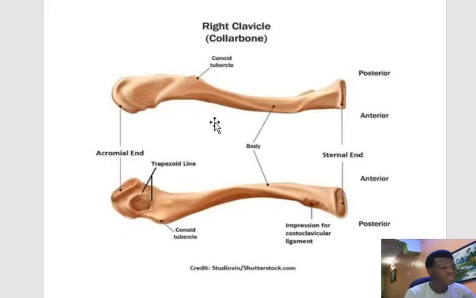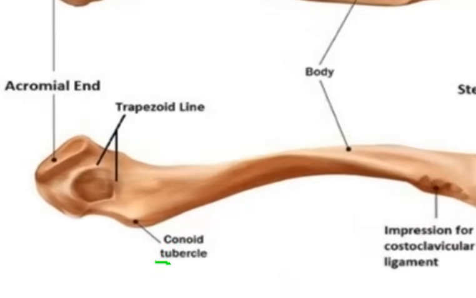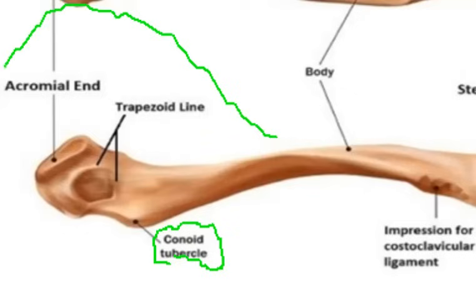The inferior aspect too is roughened with a number of tuberosities and tubercles, and they are insertion points for very important ligaments. Two very important ones I would like to draw your attention to: on the lateral, acromion end of the clavicle, there are two inferior tubercles.